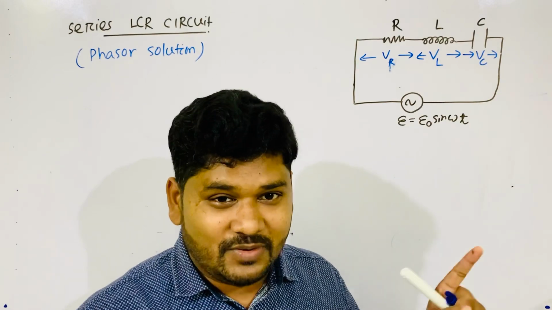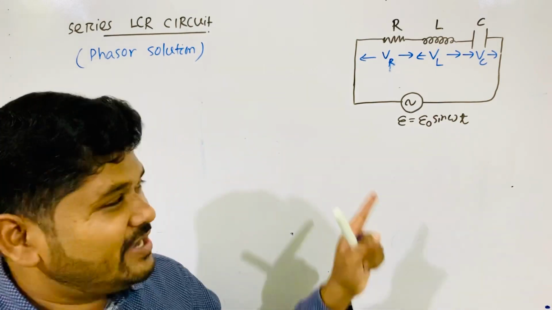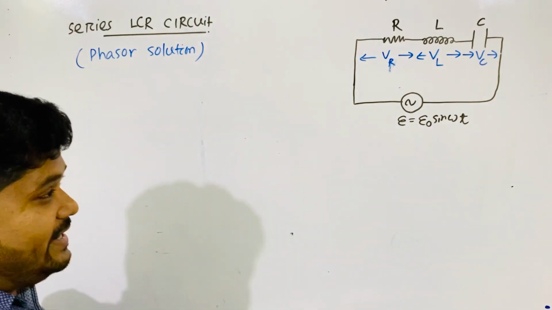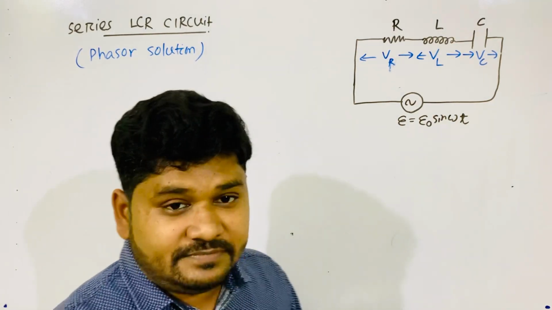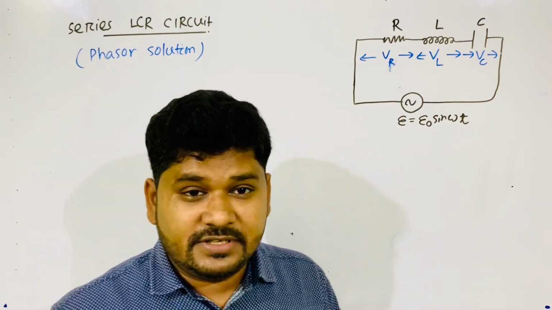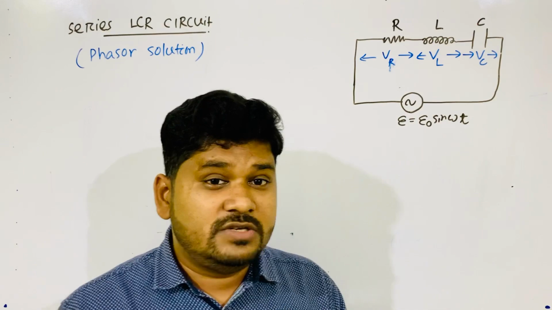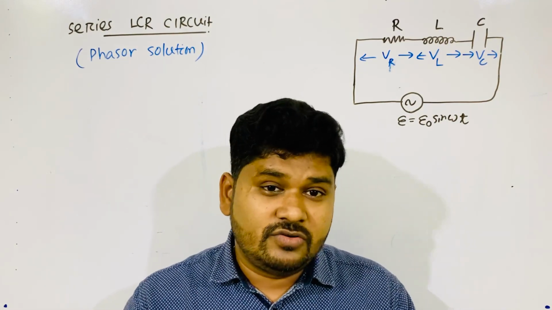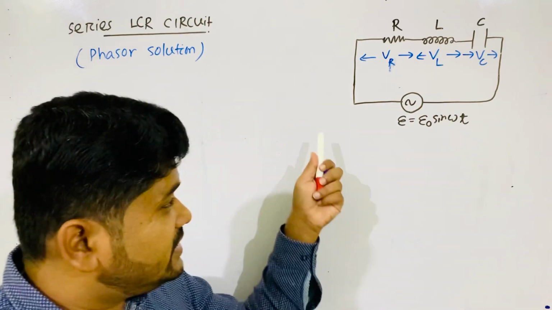No, just before I told you, you cannot add them simply. But what is the expression of current here? We don't know, because we have not proceeded in the derivation. Then how will we draw the phasor diagram? I told you first we will draw the phasor diagram, then we will go to the solution. I don't know the expression of current.